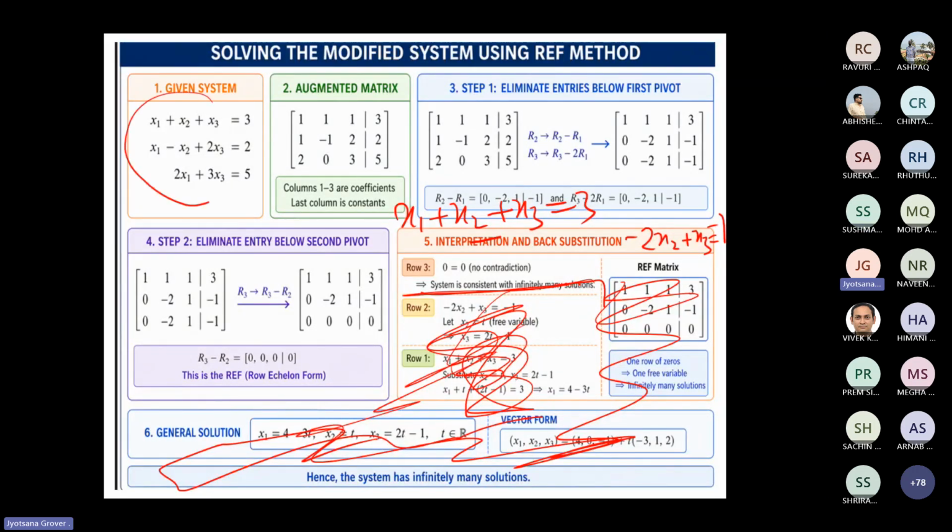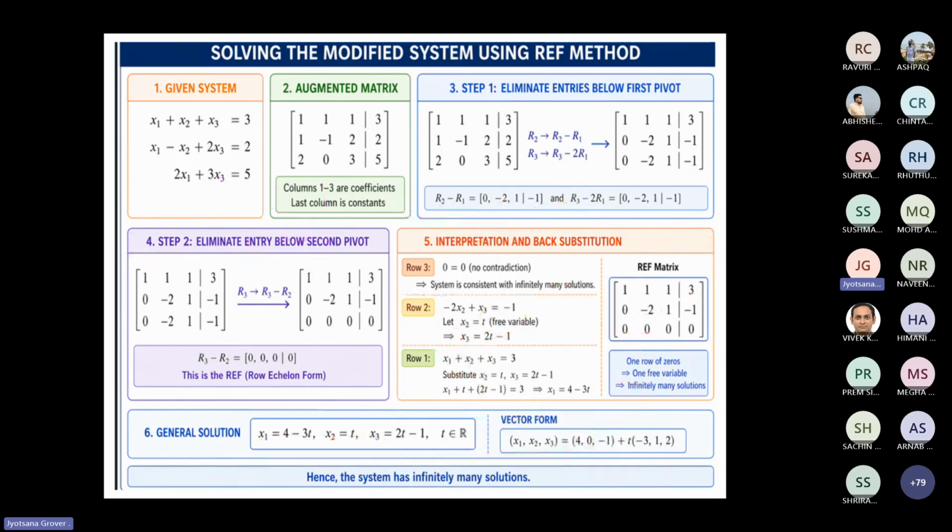See, what is this? This is AX equal to B. Suppose the first row is 1, 1, 1, the second row is 1, -1, 2, and the third row is 2, 0, 3, times x1, x2, x3 is equal to B. Because this slide is already so full, just remember this and tell me the values.